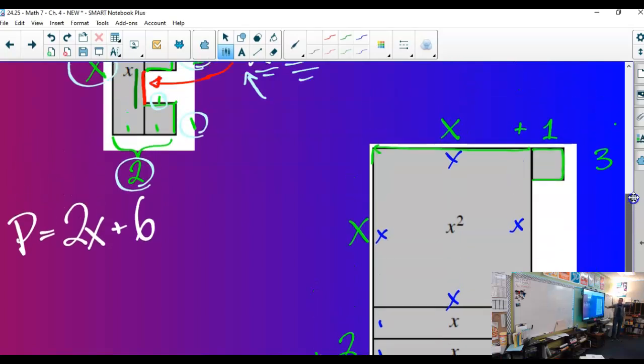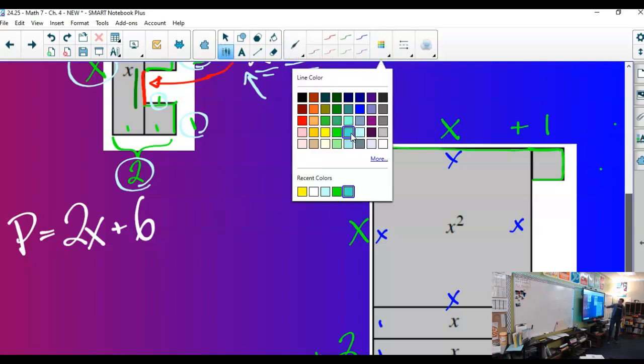Except, if I do 3 there, I need to get rid of this 1. Guys, be careful. Hold up. Look up here. Pause your pencils, because I'm showing you how this can be a trap door. If I call the top x plus 1, I already used this, which means I don't have 3 for the rest of over here.